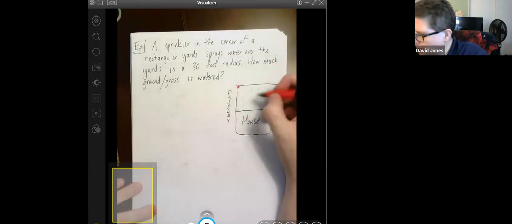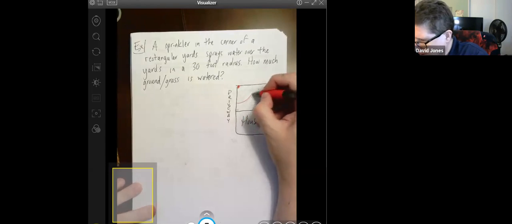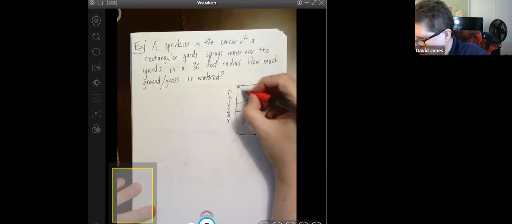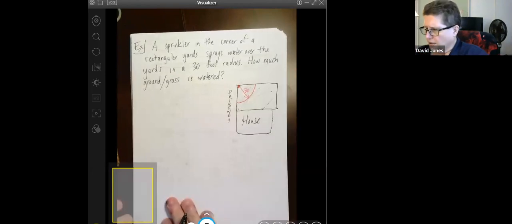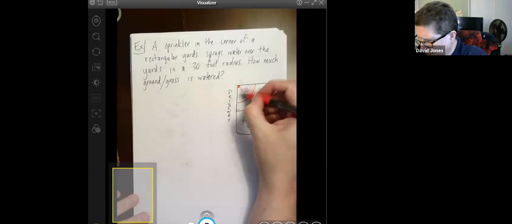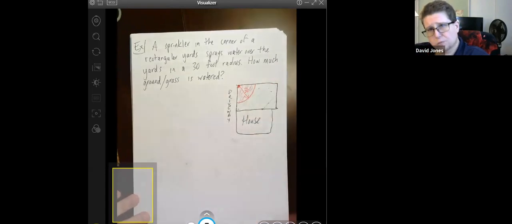And it sprays out in a 30-foot radius. And so it's hitting everywhere in here because it rotates. Water sprays out in that. Some of them rotate, some of them just spray in general. So it looks like we're looking for the area of a sector.